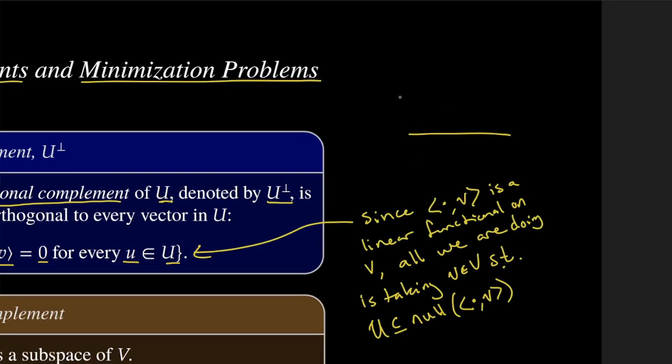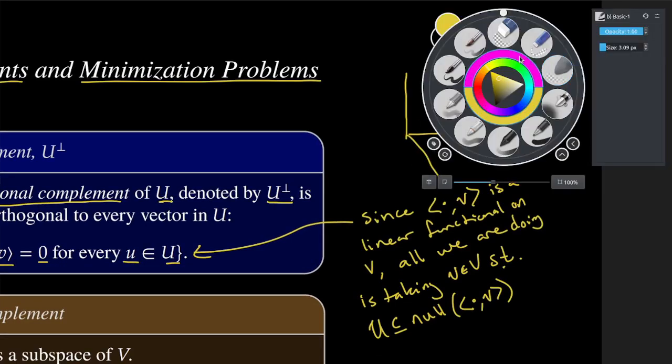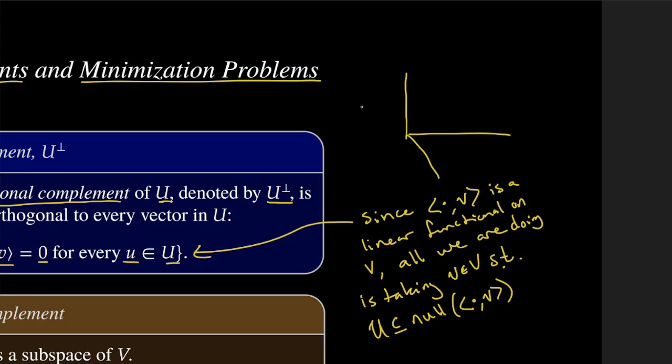Here's R3, something I'm always terrible at drawing. And here's some kind of a plane in it. Okay, there's some plane sitting here. I'm doing a bad job of drawing this plane here. Let me draw this at a slightly better angle.